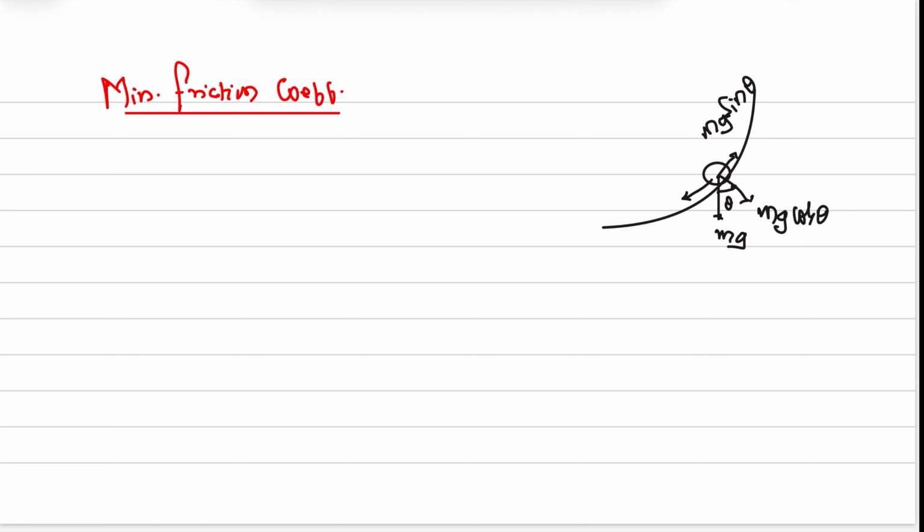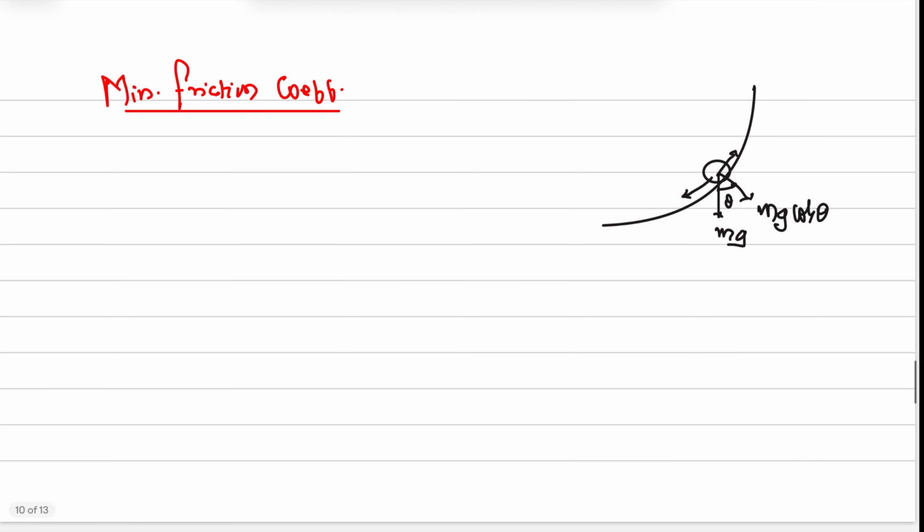Rather, it is not mg sin theta. This is mg sin theta. And opposite to mg sin theta is the frictional force. And net force is in this movement downwards. Then this net force will be m into at, acceleration.